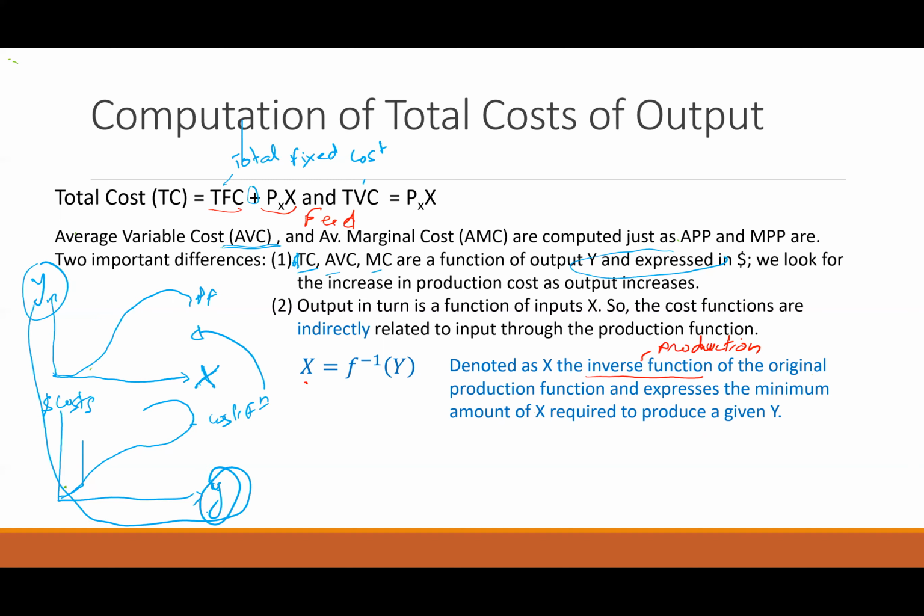So the output is a function of X. Y is a function of X, and cost is a function of Y. So we can rewrite the cost function as a function of X if you wanted to.